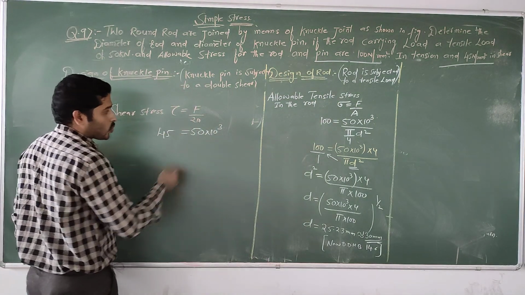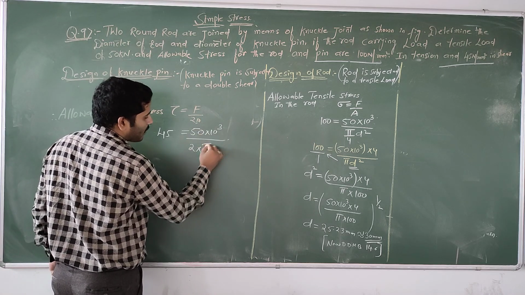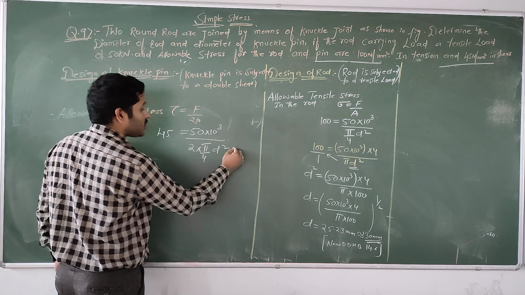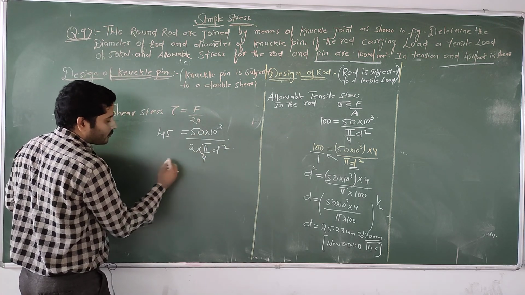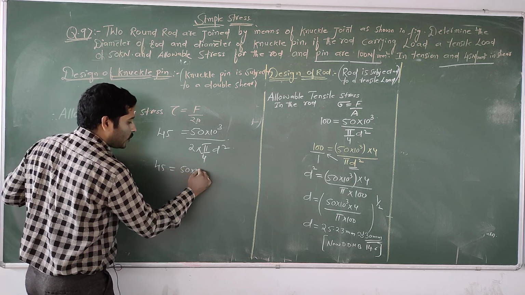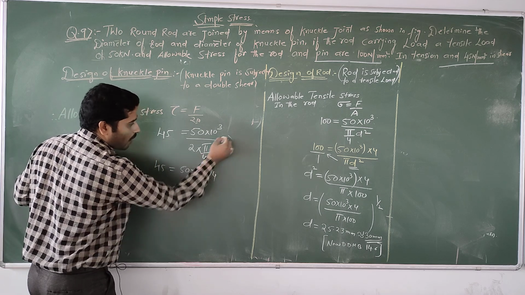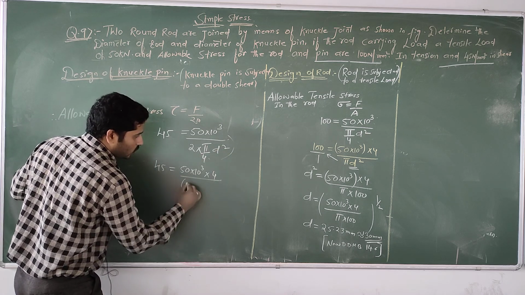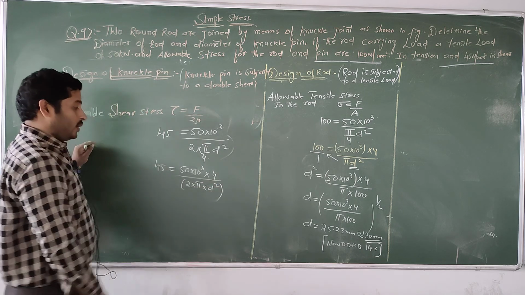Then area formula is pi by 4 into d square. Then 45 equal to 50 into 10 power 3 into 4 by 2 into pi into d square.